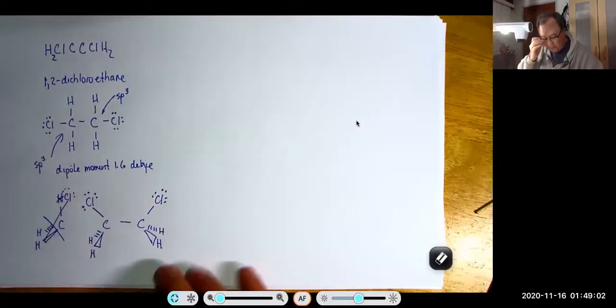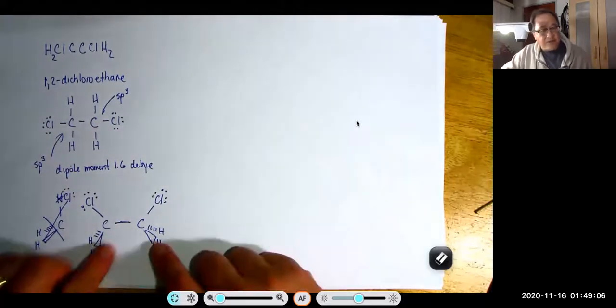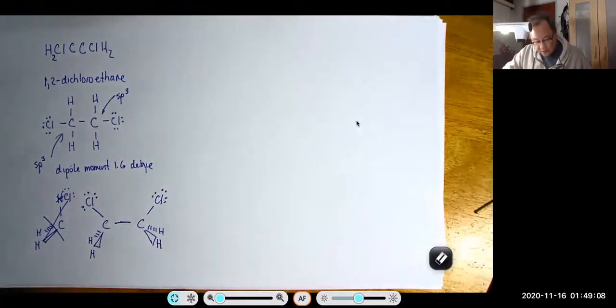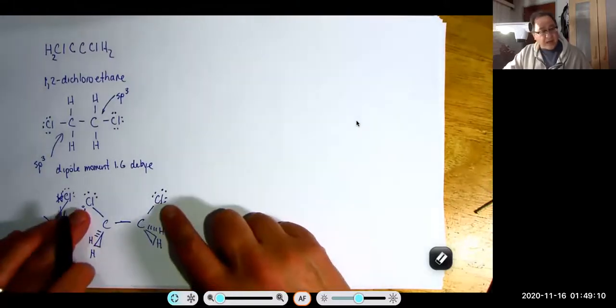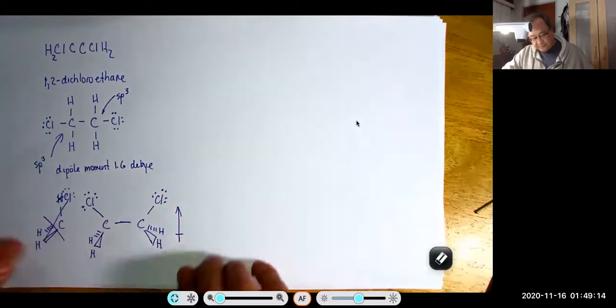So here, you can see that each of these is sp3 hybridized, so they have that tetrahedral geometry. And I've drawn both of the chlorines on the same side so that this is a dipole.